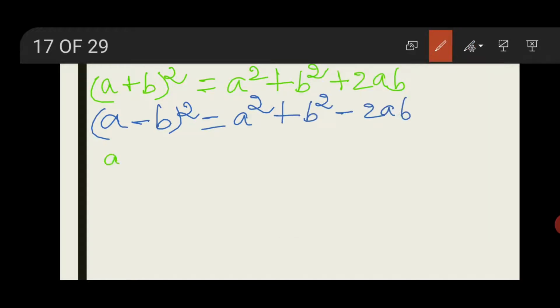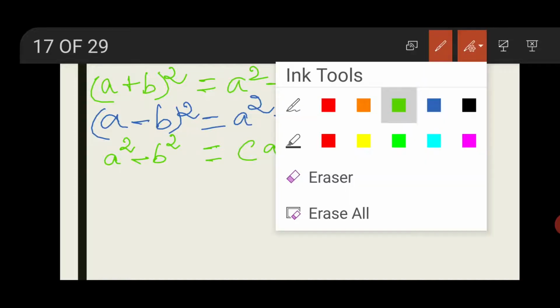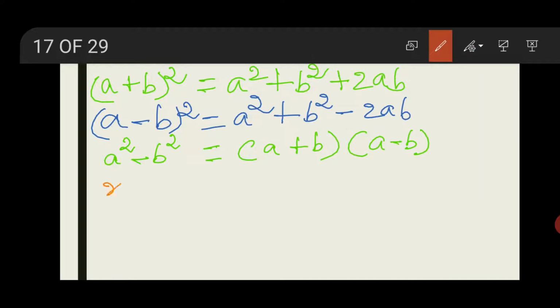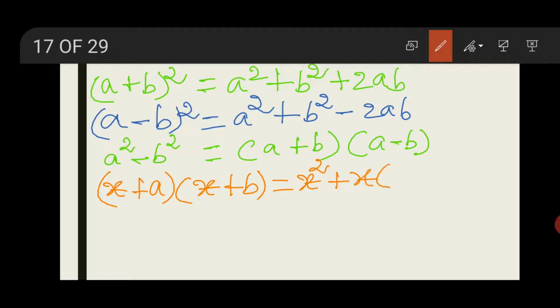Next, a square minus b square is equal to (a plus b) into (a minus b), and (x plus a) into (x plus b) is equal to x square plus x into (a plus b) plus ab.